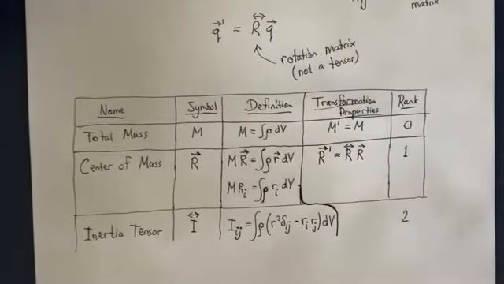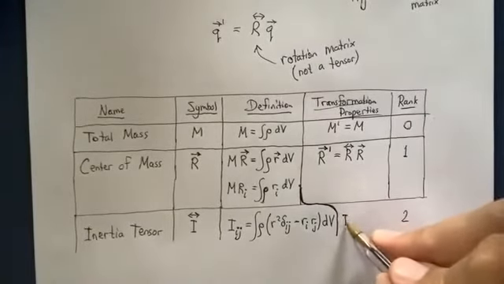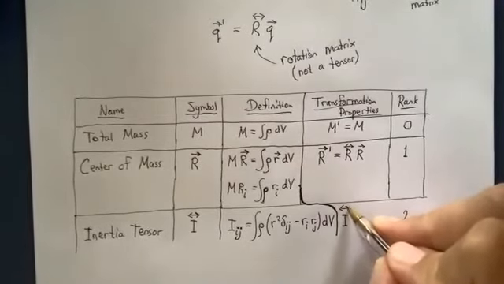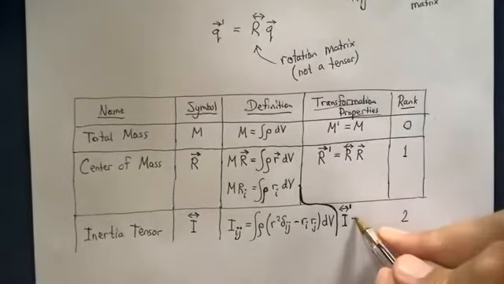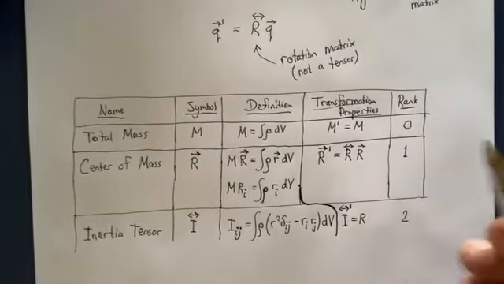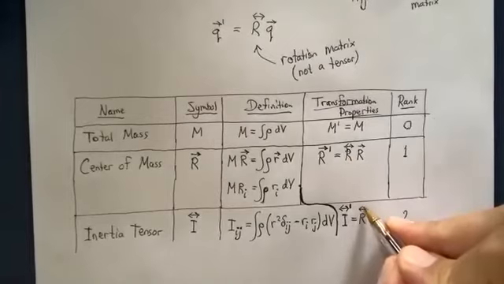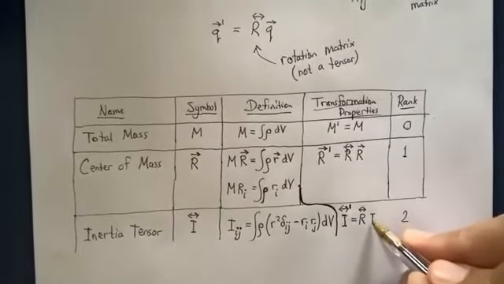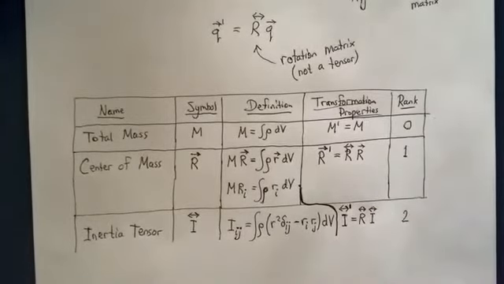The transformation law here is that the inertia tensor in the prime system can be accomplished with matrix multiplication. We're going to see that this is equal to the rotation matrix, the double-headed arrow, times the inertia tensor in the old system, that's the I matrix with no primes on it, and then we must have a transpose.